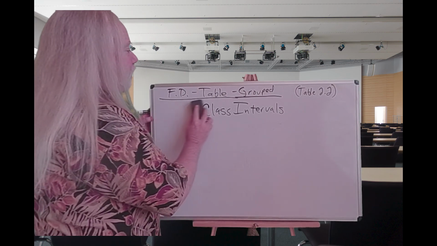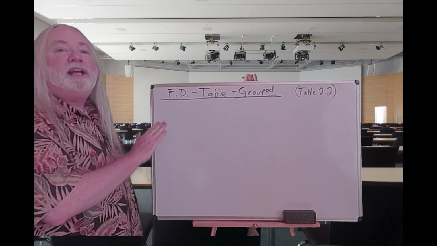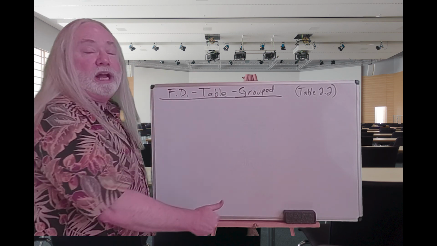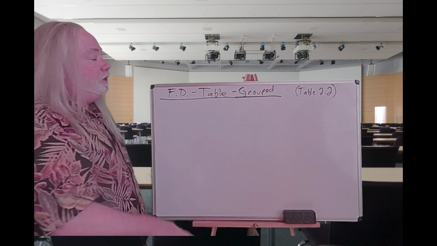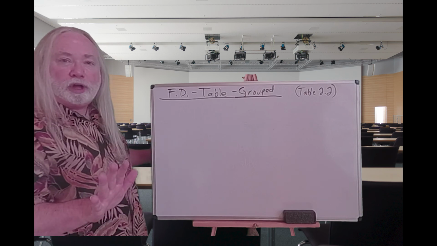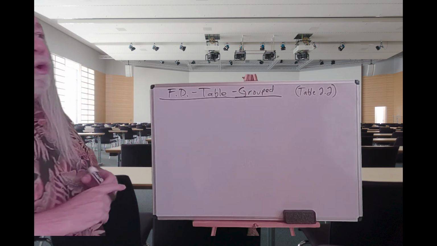So in order to build these, the same rules apply as for a frequency distribution table, in that you need at least a column for your X values, you need at least a column for your frequency values, and you start at the highest values and you go to the lowest values. Those rules all basically remain in place. But we're going to add 4 more.